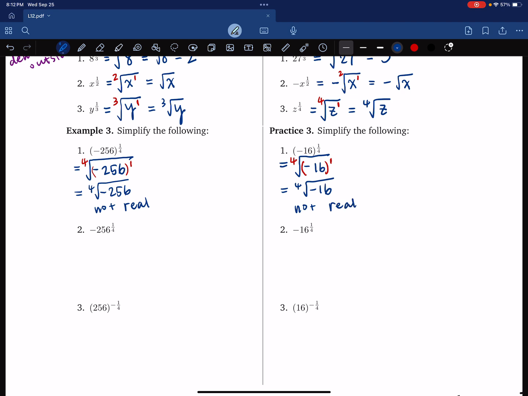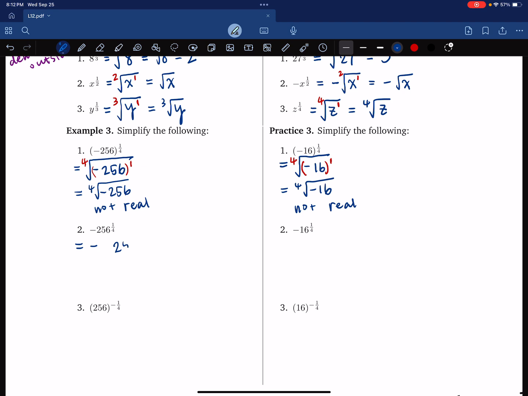Number 2, negative 256 to the power of 1 over 4. This looks very similar to number 1 with the difference that it doesn't have parentheses. So we know that the negative sign is by itself. So you're going to leave it alone. Just write negative sign. And then the base is 256.